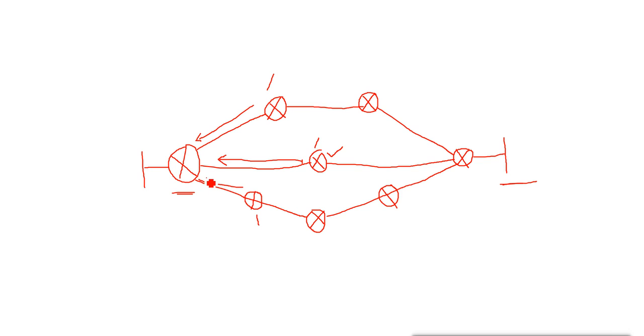Now from these 3 routers, for this network it will get information from all 3. This router says, okay, I can also reach this network. This router says, okay, I can also reach this network. This router says, okay, I can also reach this network. But now this router has to decide which path to take.